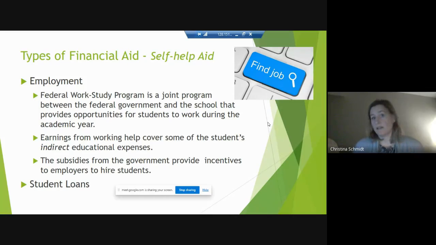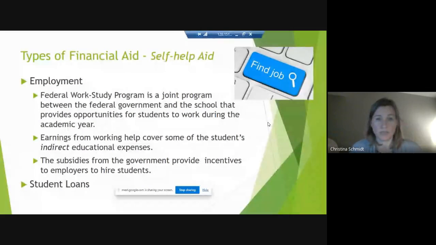If a student did not qualify for federal work-study, they still may have opportunities to seek employment, but having work-study eligibility makes them a bit more attractive to employers because the students' wages are subsidized by the government. And students can use those earnings to help with those out-of-pocket pizza money, need shampoo, miscellaneous expenses during the year, or can use that to make tuition payments over the course of the year.